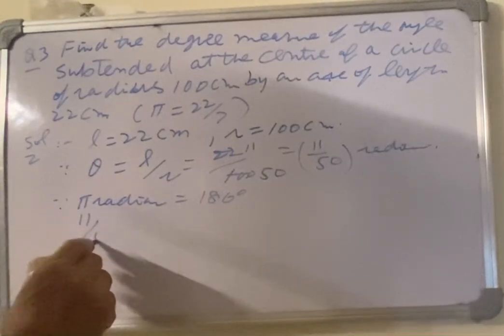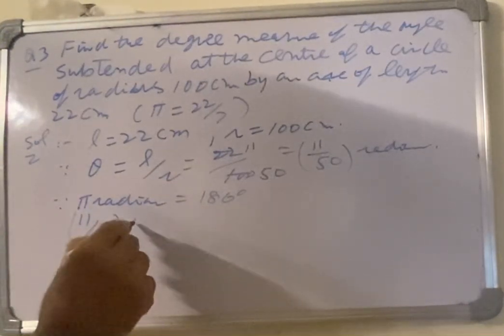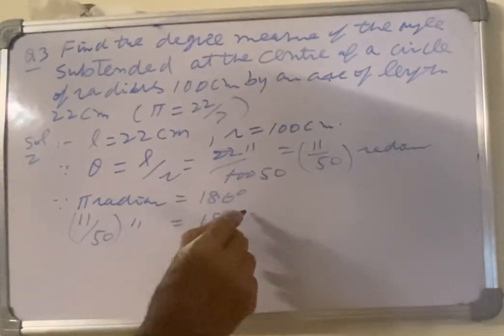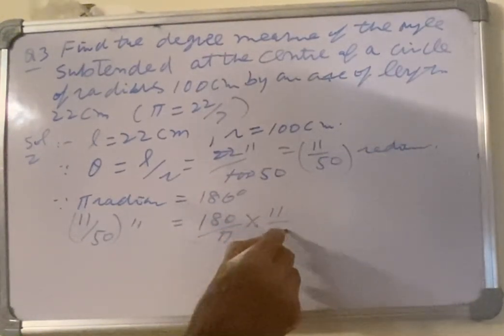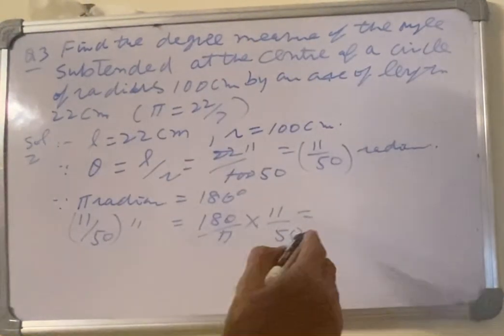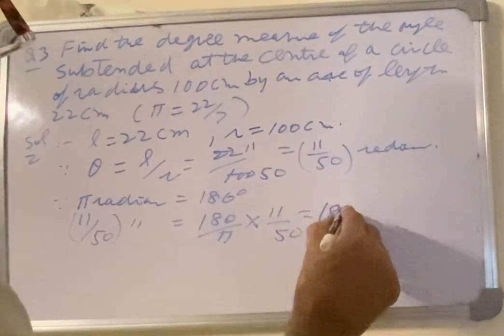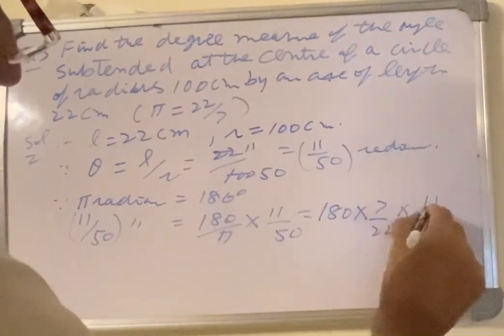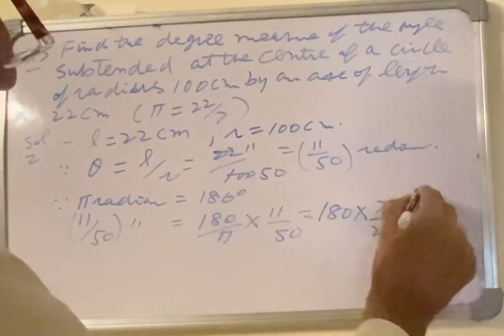11 over 50 radians is equal to 180 over pi into 11 over 50, which is 180 into 7 over 22 into 11 over 50. We can simplify this.